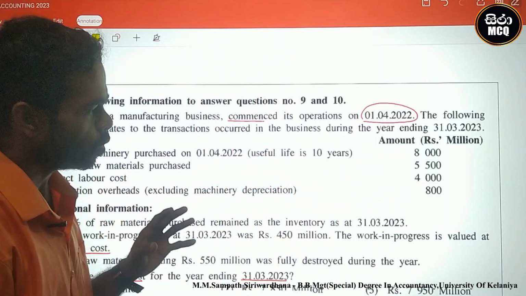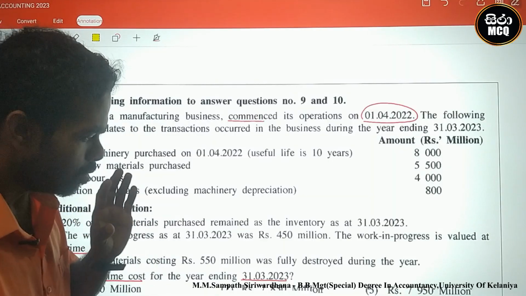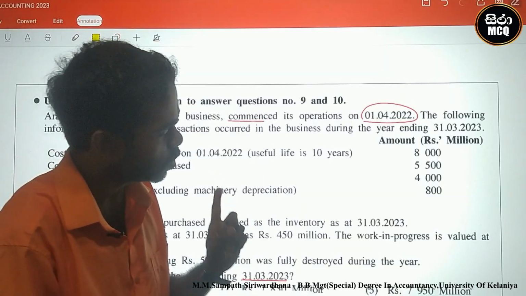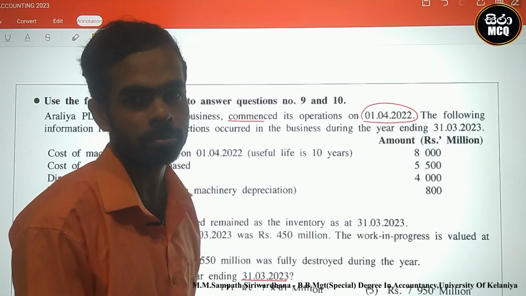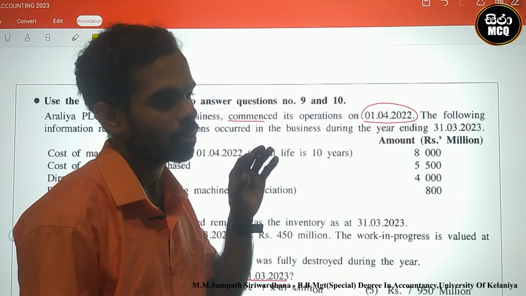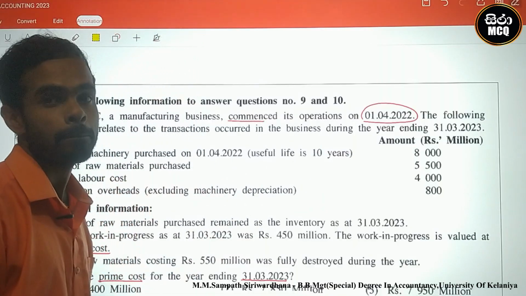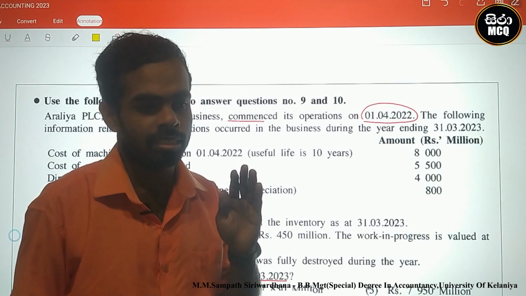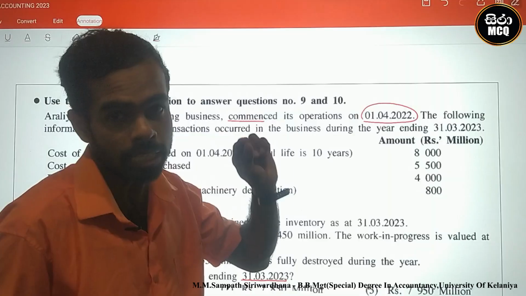This is the new business. The closing date was 31st March 2023. The opening date was 1st April 2022. This is a one year gap. On this opening date they commenced their business. At that time we can imagine that the opening date was the opening date of the year.